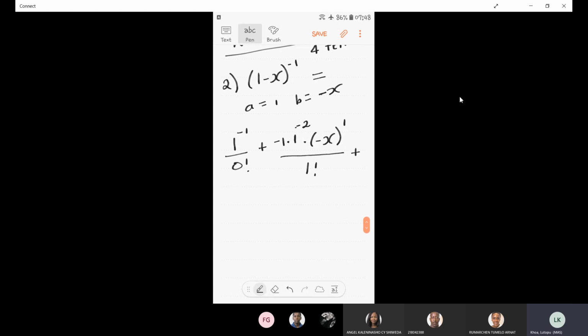And then I have minus 1, which was down there already, then times minus 2, and then I have 1 to the power of minus 3, and then minus x to the power of 2, divide this by 2 factorial.